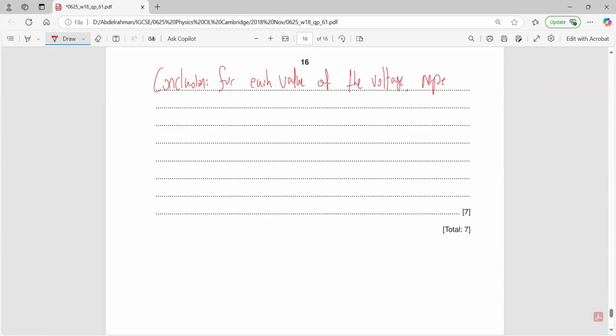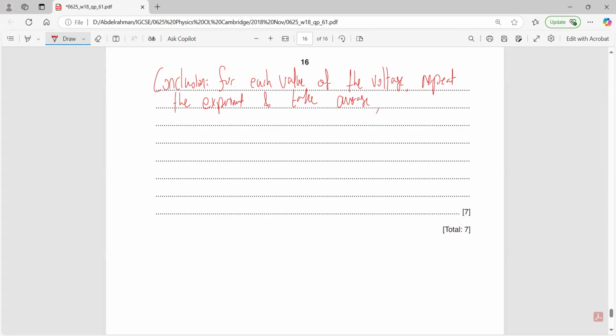Repeat the experiment and take the average.